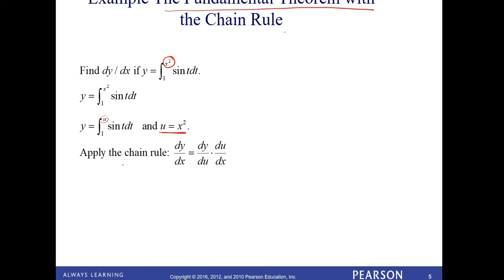So, looking at my function and taking a u substitution, substituting u in place of x squared. So now again, I just have a simple variable up top. Applying the chain rule, the derivative of the left equals the derivative of the right. The right-hand side is dy/du times du/dx to get my dy/dx.